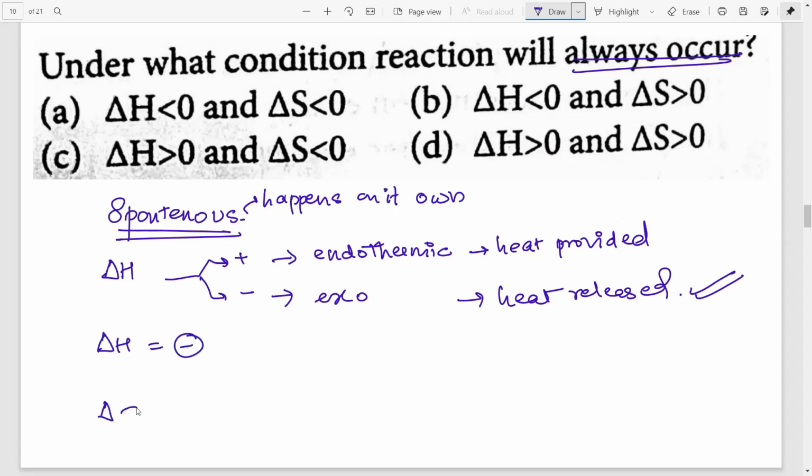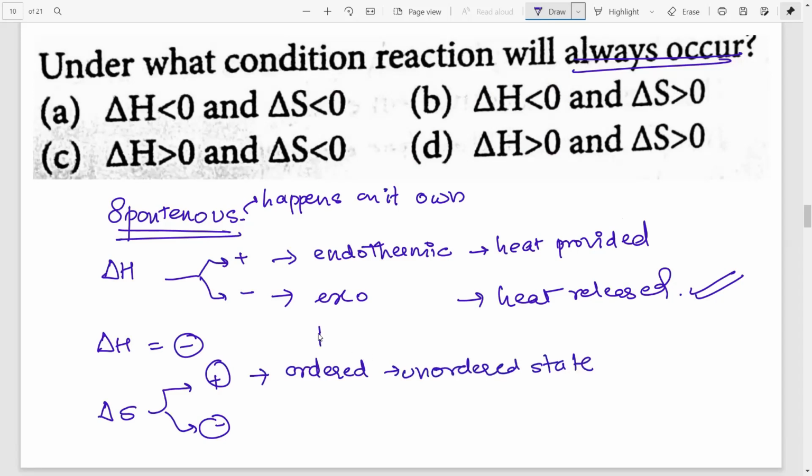Now delta S, entropy, again has positive and negative values. When is entropy positive? When we go from an ordered state to an unordered state, that is when randomness increases. The more the randomness, the more positive the entropy. For example, when you go from the solid phase to the liquid phase, we go from an ordered state to an unordered state, so entropy is a positive value.